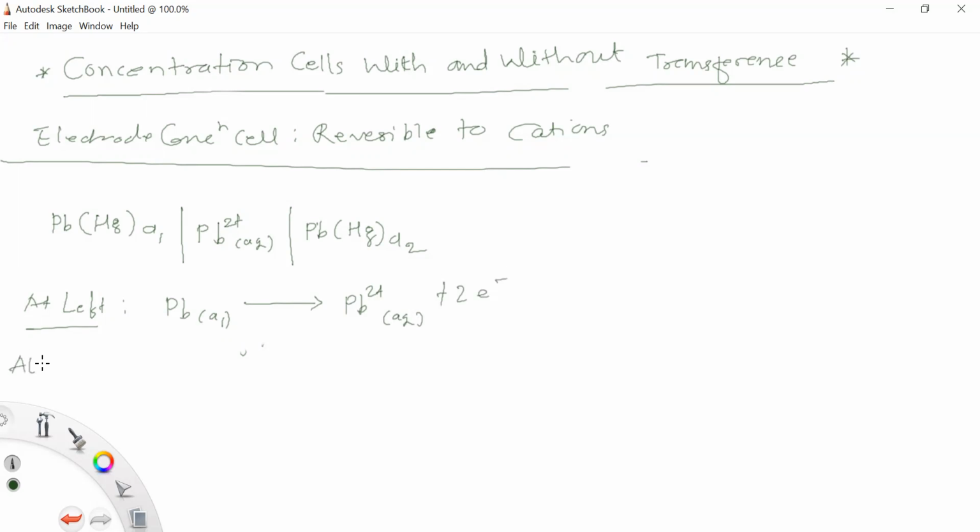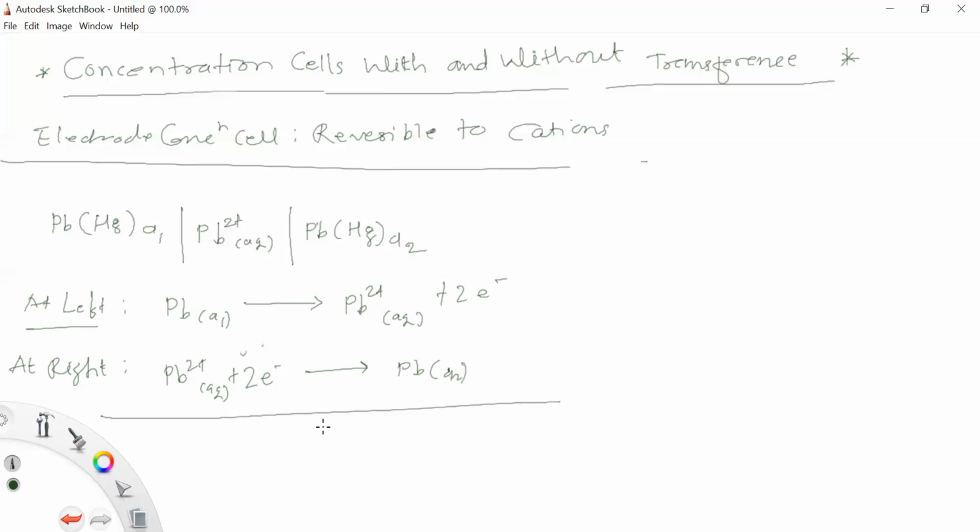And the reaction at the right hand side is Pb2+ aqueous accepting 2 electrons and converting into Pb of activity A2, right?